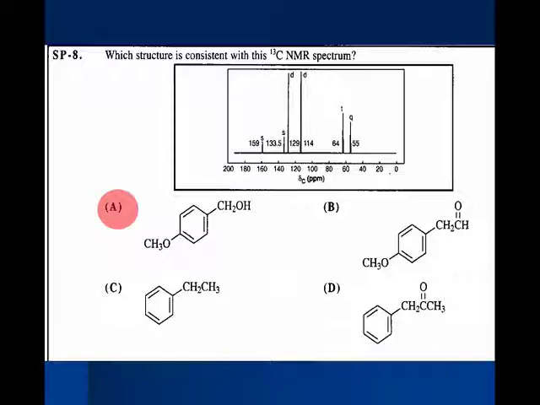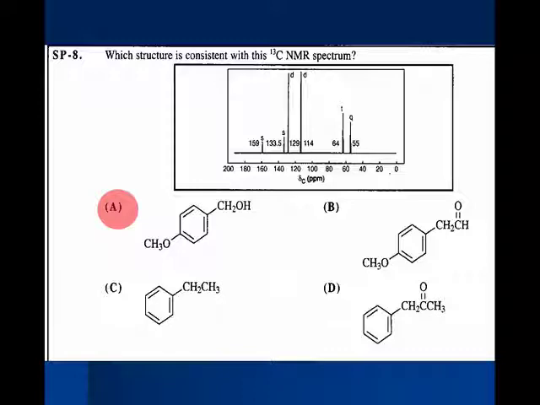If we look at this one, this carbon atom and this carbon atom are going to be sp3 hybridized, so they're going to be on this side of 100. This one has how many hydrogens attached to it? So it's going to be a triplet, and it's a little further downfield than this one, right?